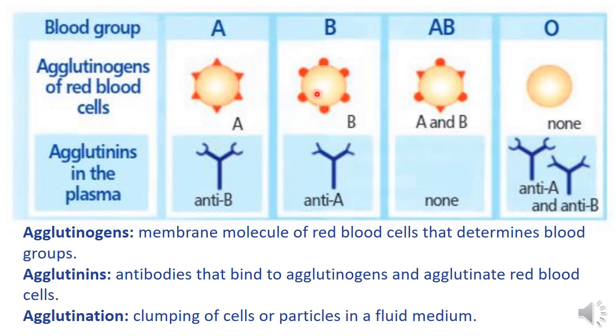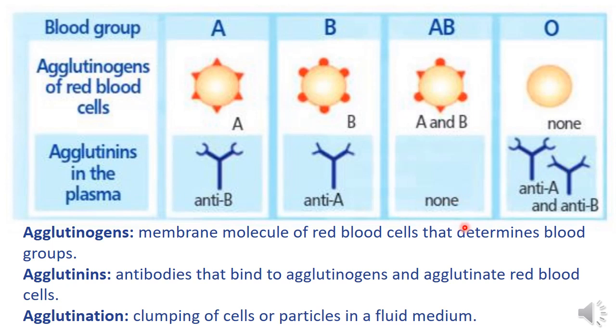Similarly for B, if we have antigen B, then we will have antibody A that will attack A, not our own blood group. When we have a blood group AB, we have both antigens, A and B, and we will have no antibodies, we will have no agglutinins. However, O will have no antigens, but will have both antibodies.